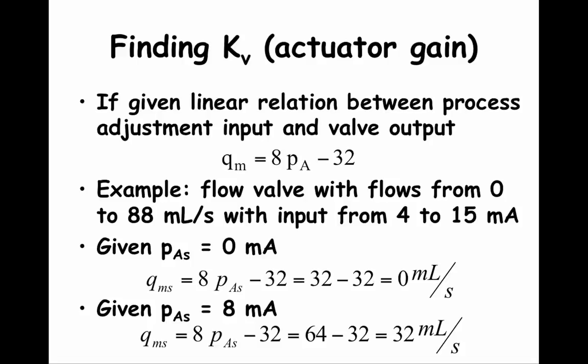Electrical signals usually use current ranging from 4 to 15 milliamperes. Pneumatic control signals are usually air pressure. The ranges vary. In most cases, we will assume that the input control signal, whether electrical or air pressure, is linearly related to the actuator output.